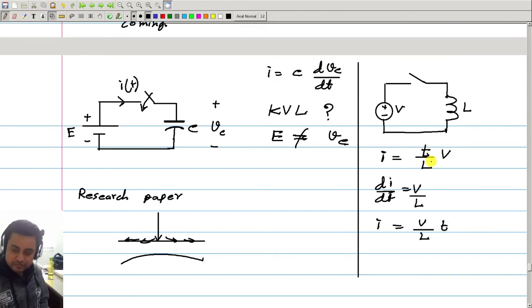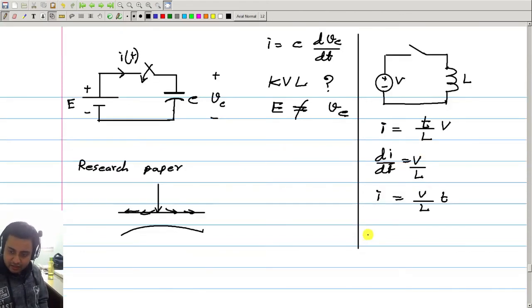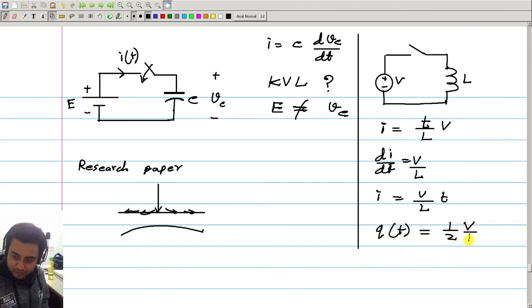So that is the current, and now the energy supplied by this voltage source. The charge supplied, Q, total charge supplied from time 0 to t, will be the integration of this quantity, which comes out to be half V t squared over L. So this is the total charge.